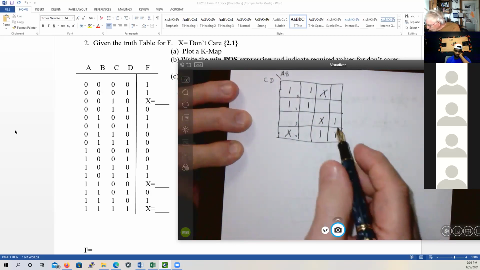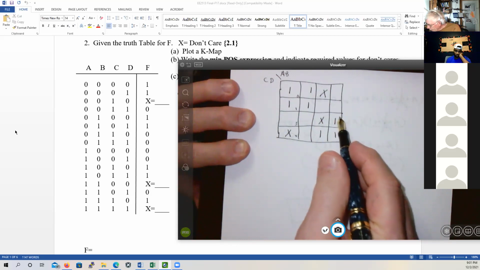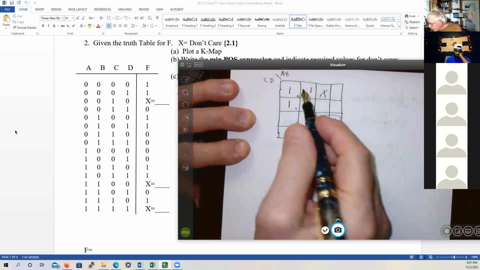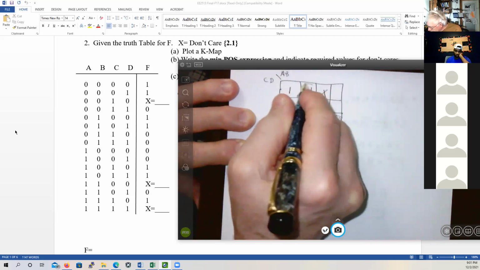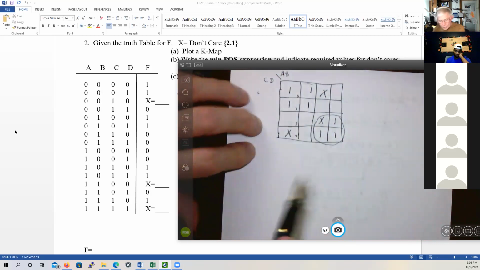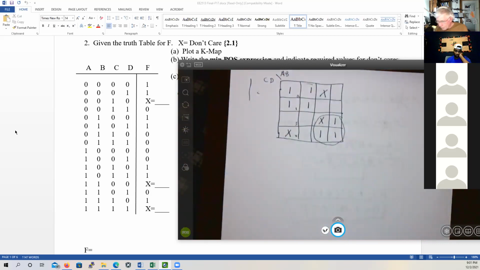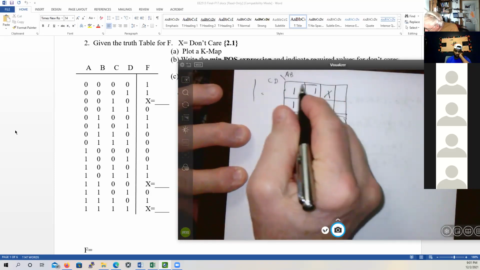All right. So what you can see, we want to do all the prime implicants. So we're going to circle that, circle this, and circle this.